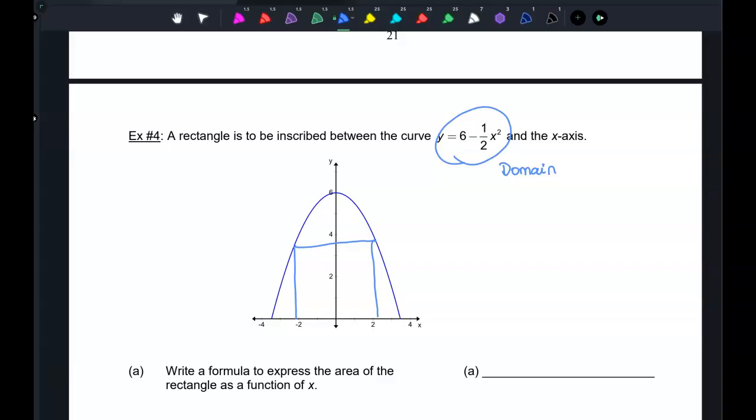Let's be a little more precise here. If this is our parabola, can we figure out where it's going to intersect the x-axis? Set it equal to 0. And what do we get? Root 12. Add this, multiply by 2, square root. Are we okay?